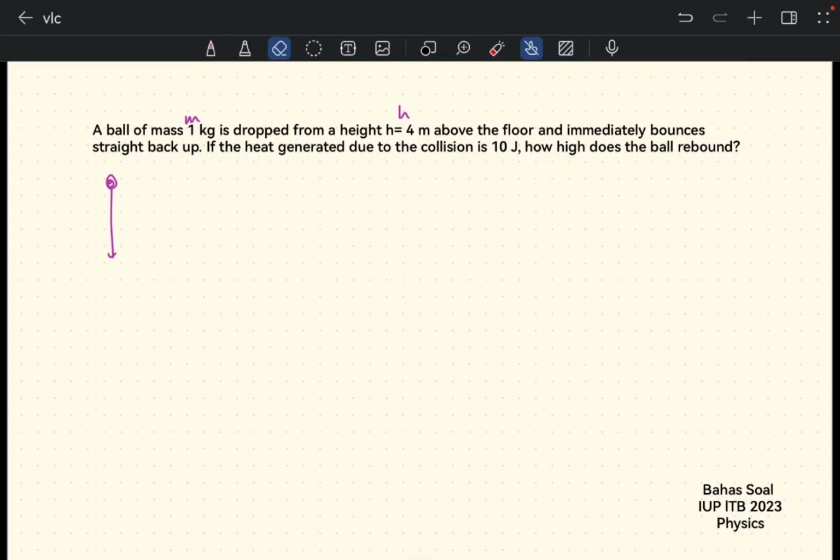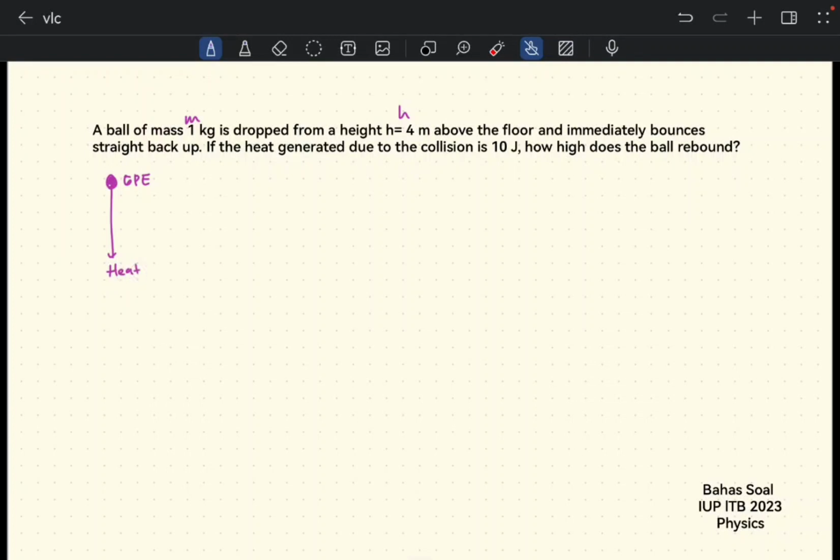So first we have to draw the diagram of motion. The ball falls down. At the highest point, the ball has gravitational potential energy, and it changes to kinetic energy and changes to heat.